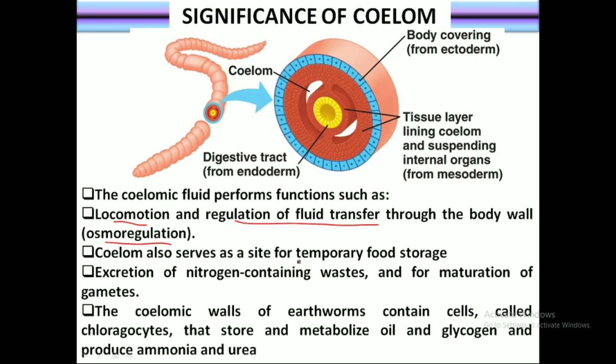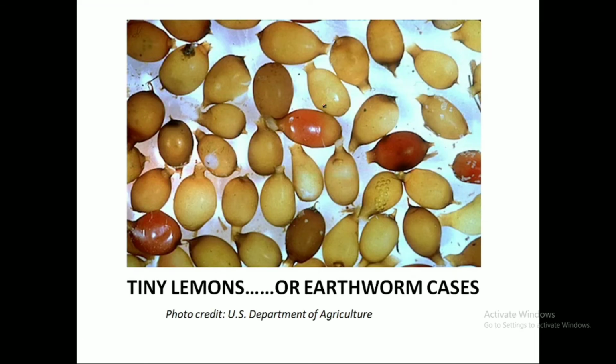It serves as a site for temporary food storage, maturation of the gametes, and excretion of nitrogen-containing waste. So the coelom plays a very important role in annelids, and this is the first phylum in which the true coelom exists.